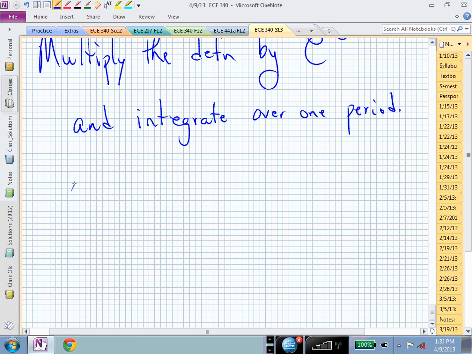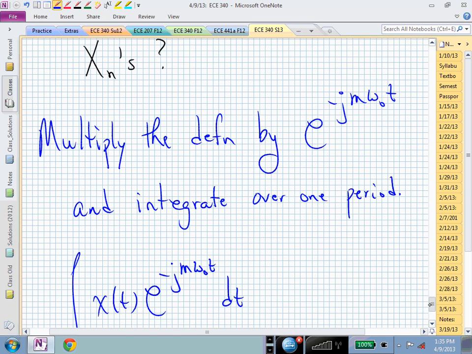Let's do that. So here's x of t. We multiply it by e to the minus j m omega naught t dt and we integrate over one period. So the strategy here was, if we want something at e to the jn omega naught t, we multiply both sides by e to the minus jn omega naught t.